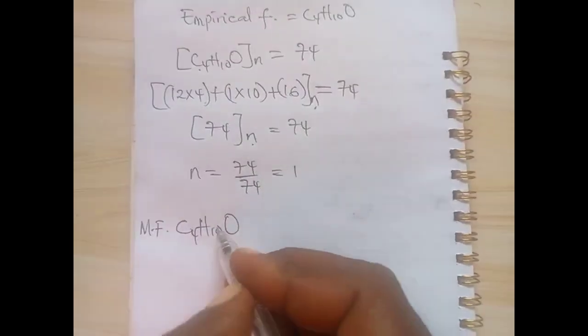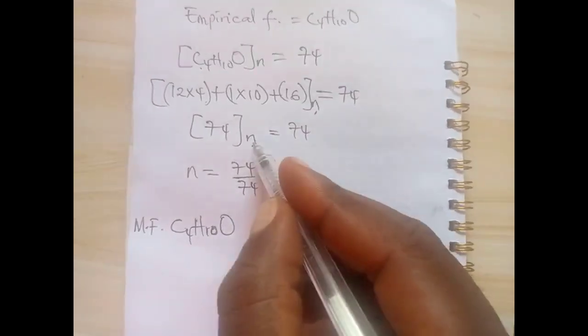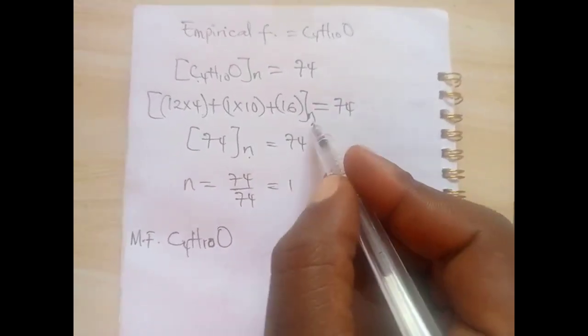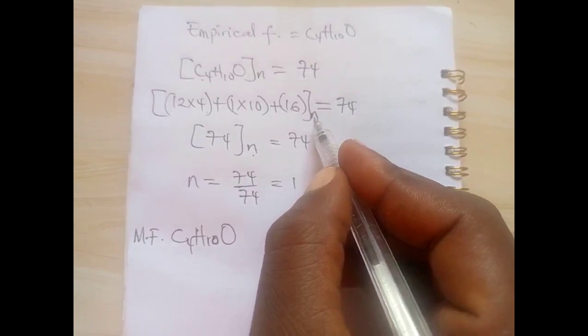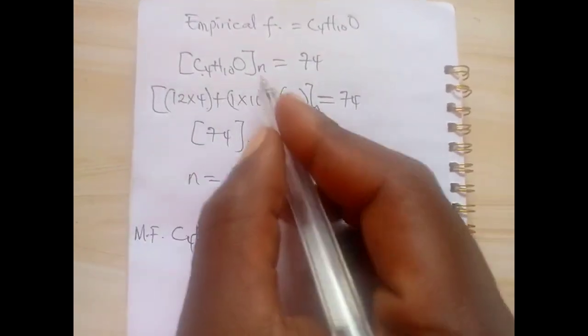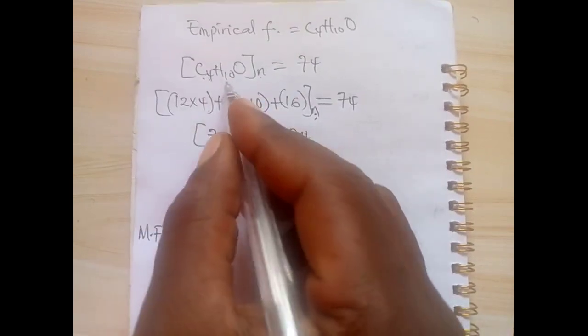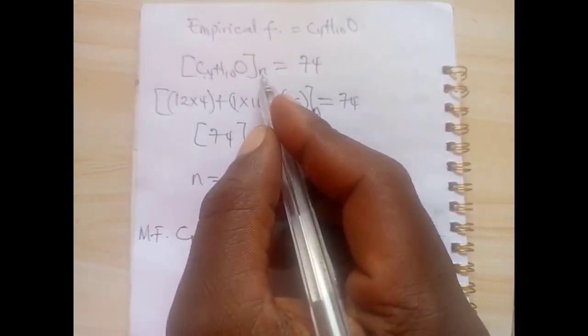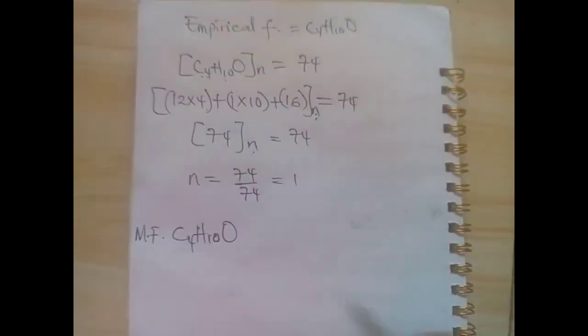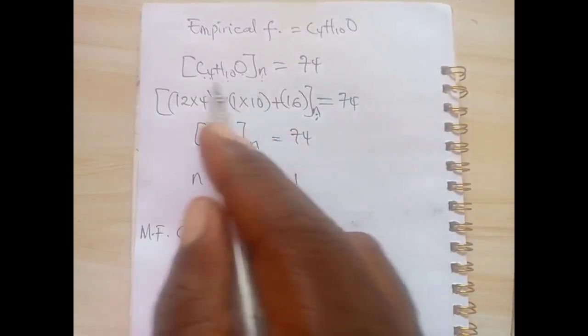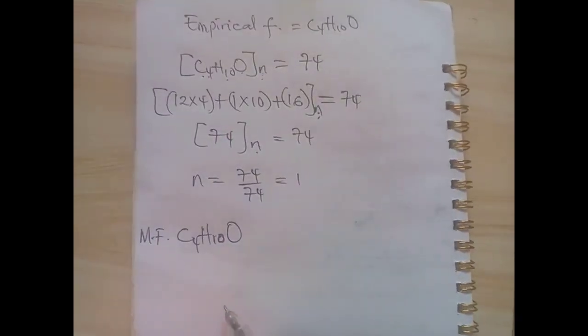Peradventure you solve a different question and you get that the value of n is 2, what it means is multiply n by the rest of them. So this would have been 8, this would be 20, this would be 2. So you use the value of n to multiply each of them. In this case, n is 1, so all of them multiplied by 1 remain the same.